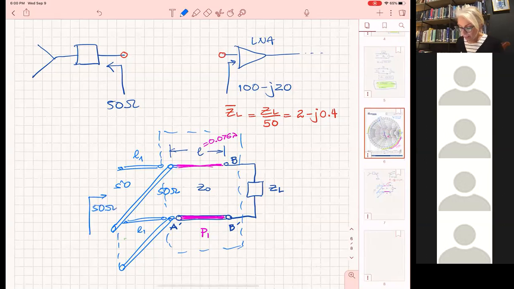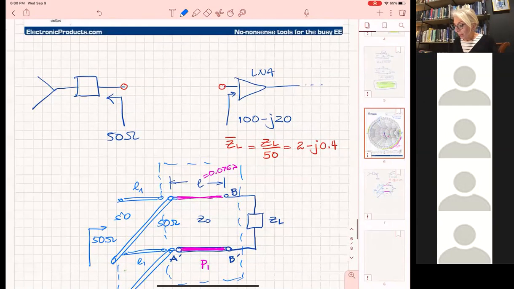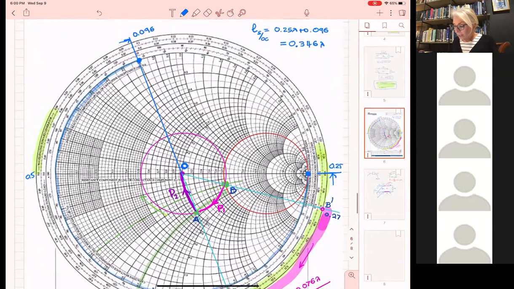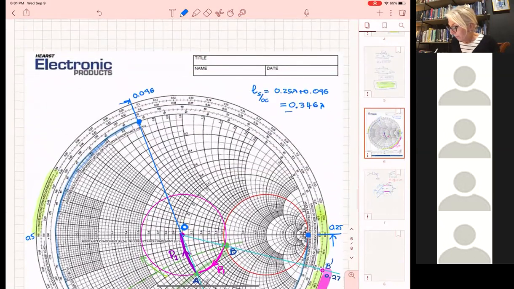Do you agree? So after the matching network to the left, I can add whatever length I want. We are not going to discuss that in this design, but in any case, we found for an open circuited stub that the length is this.